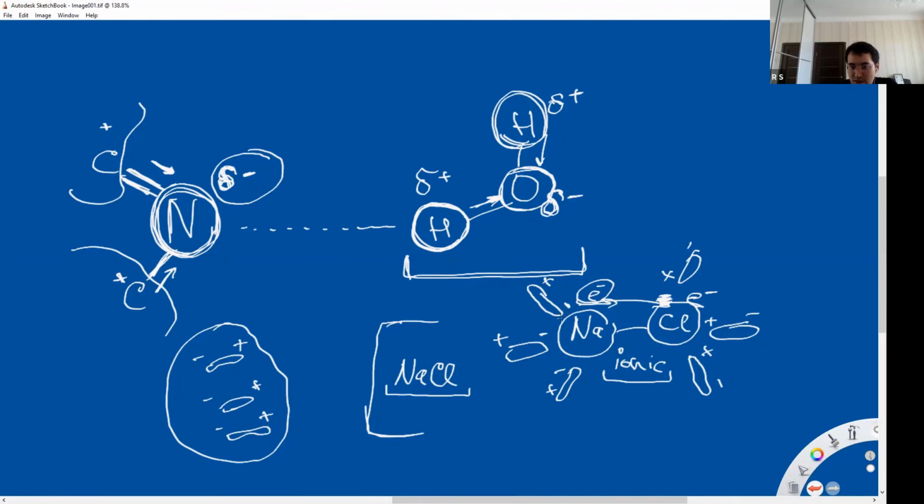So if you take just one molecule of water and sodium chloride, the ionic bond is stronger than this hydrogen bond. But whenever we have a lot of these molecules of water, they kind of overcome this ionic bond. And that's why this ionic bond is torn, it breaks down, and these two ions become separate. In this case, we have sodium without one electron and chloride with one excess electron.